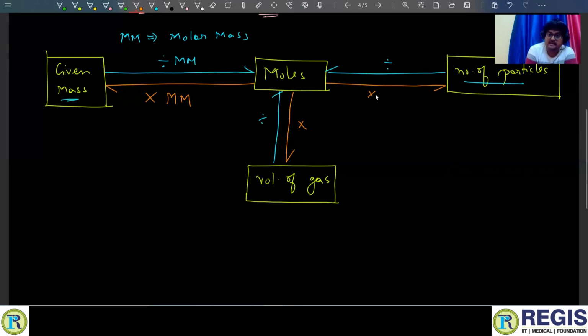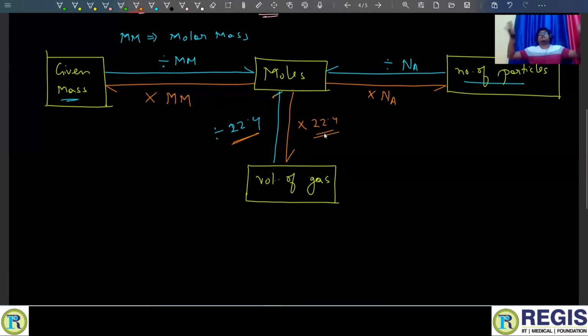Moles to number of particles, you multiply by Na, which represents the Avogadro number. Moles to volume of gas, you multiply by 22.4 liters. Volume of gas to moles, you divide it by 22.4.